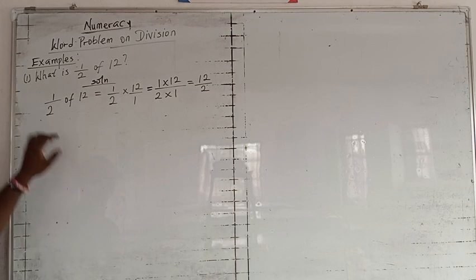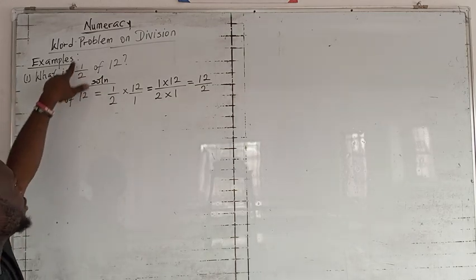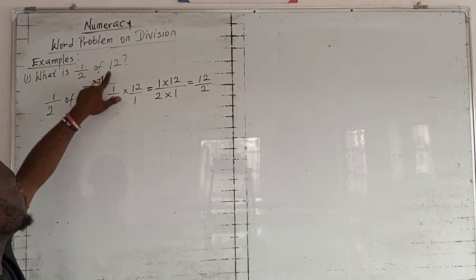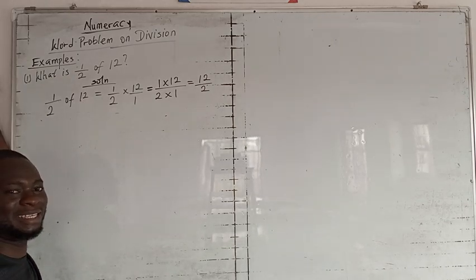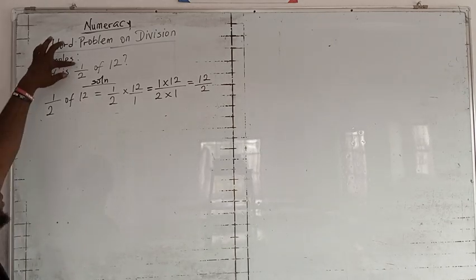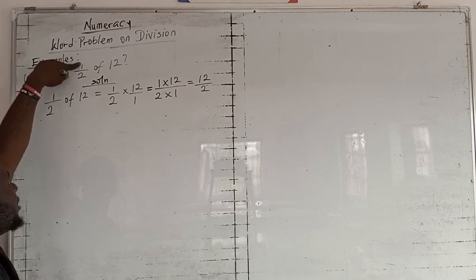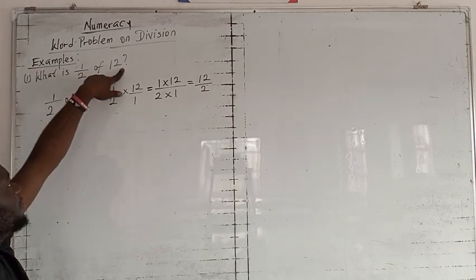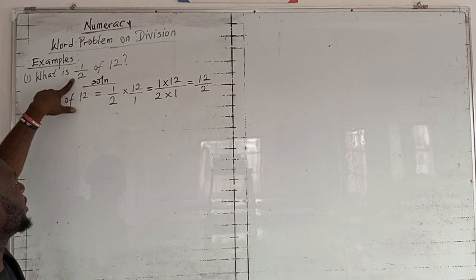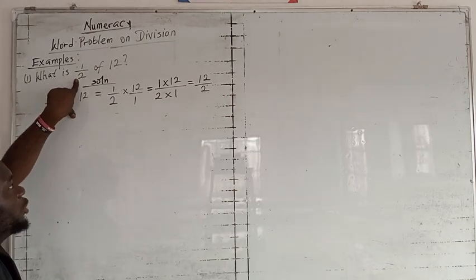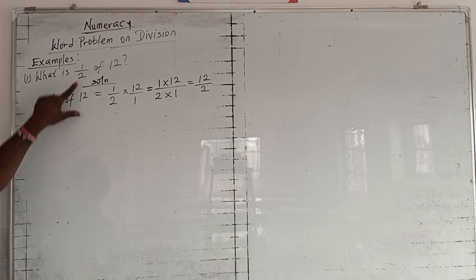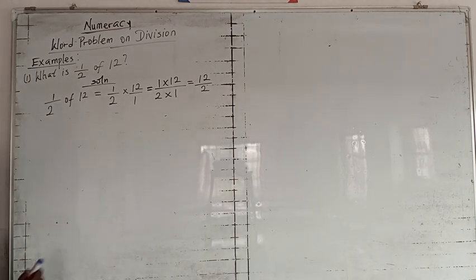Now you notice that 1 over 2 of 12 simply means 12 divided by 2. So whenever you have a fraction like this of another number, simply divide that number by the number under the fraction, which we call the denominator. So 12 divided by 2 is what?